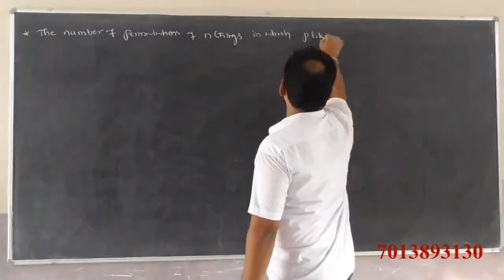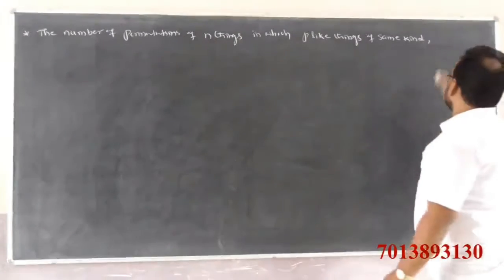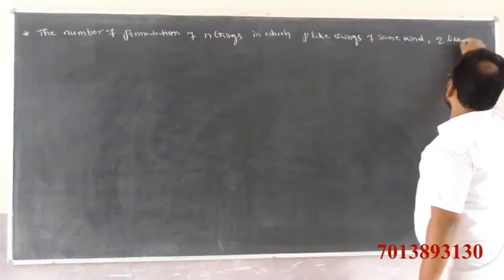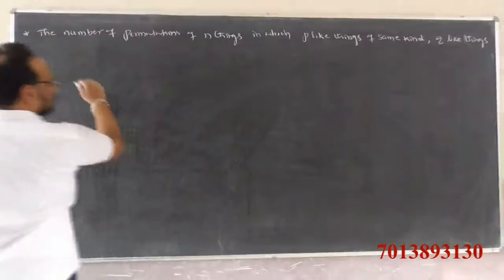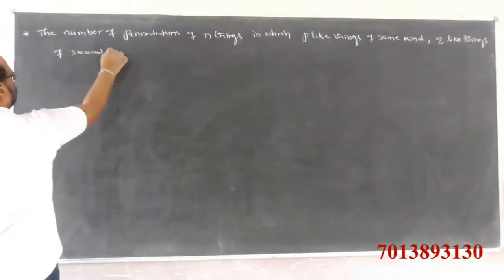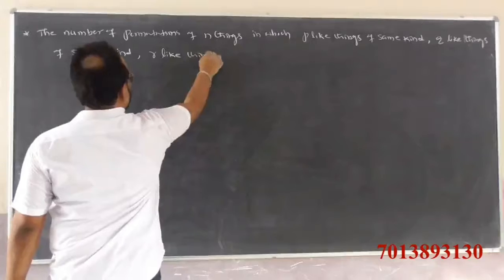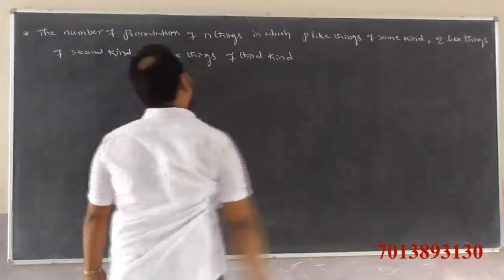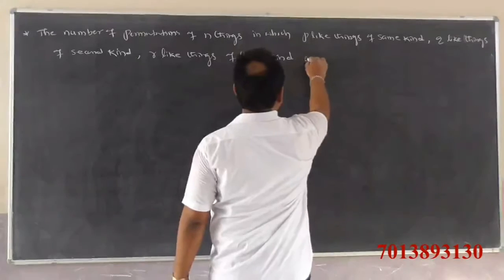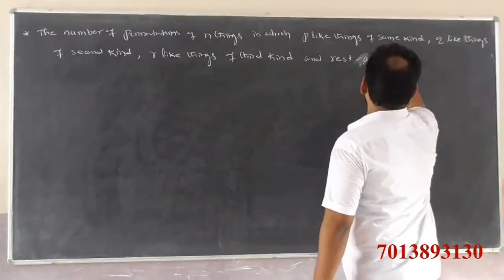p like things are of the same kind, q like things of the second kind, r like things of the third kind, and the rest are different.